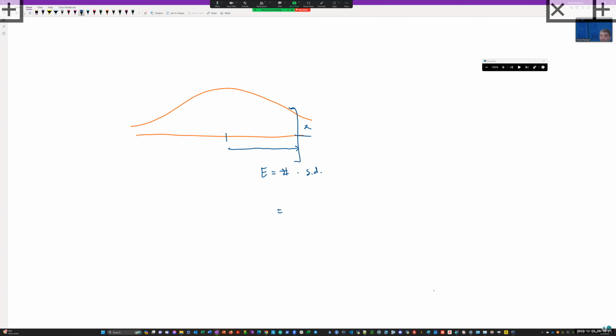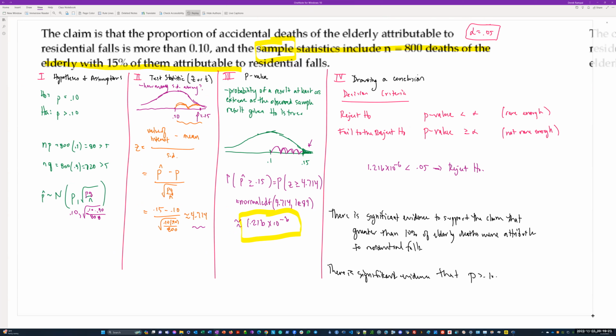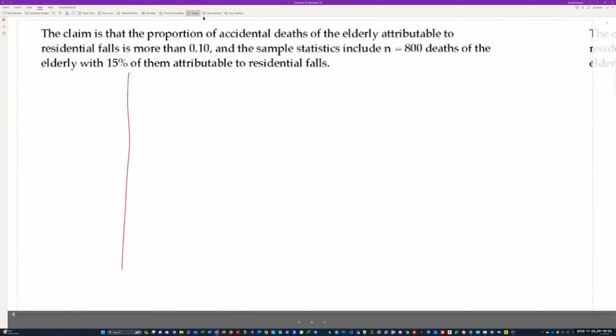I'm going to do it first time without the calculator. Always first time without the calculator, second time with the calculator. Also, we will be using the confidence interval method to solve this as well. Okay. I really like the confidence interval method because it sort of makes more sense. All right. But they're directly related to each other constantly. Hypothesis test and confidence interval.